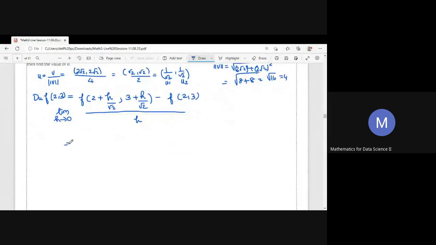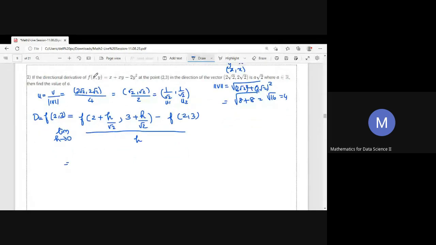Okay. So now what is this function given to you? Let us apply it. Limit h going to 0 of 2 plus h by root 2 plus 2 plus h by root 2 into 3 plus h by root 2 minus 2 times 3 plus h by root 2 the whole square.